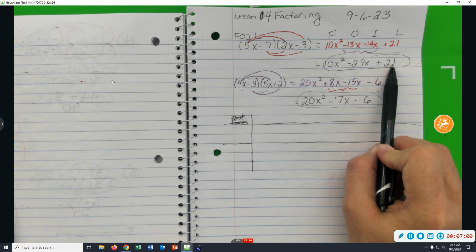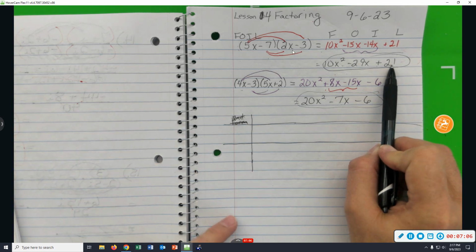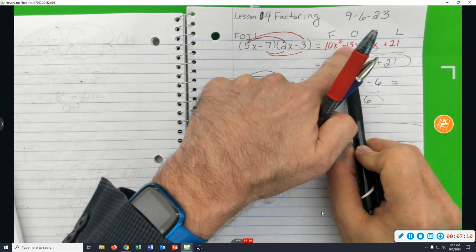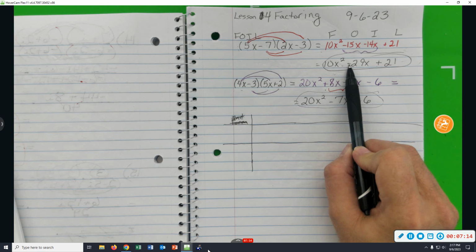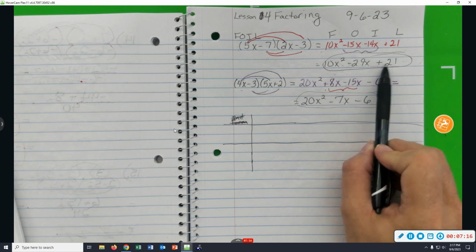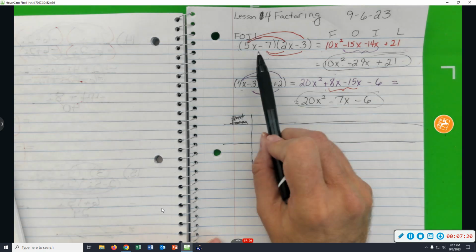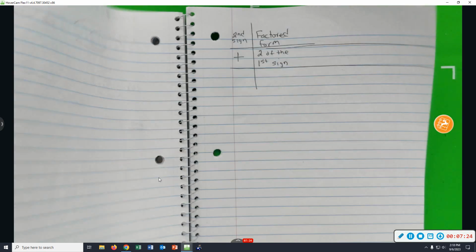Either 2 positives or 2 negatives. How do we decide which one it is? By looking at this first sign. Notice, both of these numbers here were negative. That's why this sign here is negative. So you look at the second sign, it's a plus, so right off you know that the factored form has 2 of the first sign.